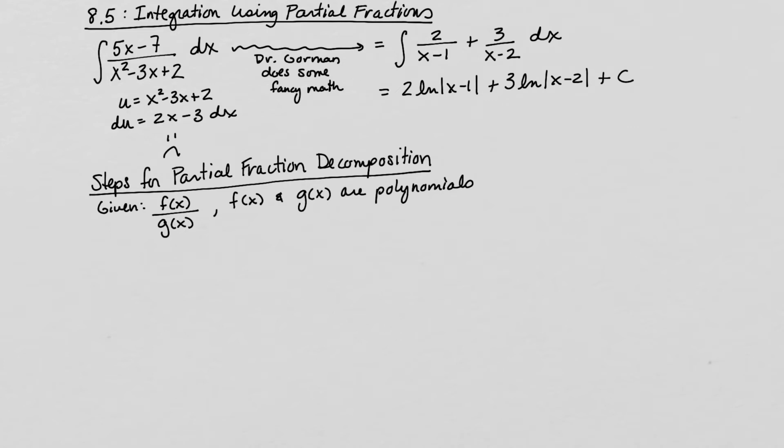At the end of this section, I'm going to show you a problem that uses the technique of partial fraction decomposition, even though f of x and g of x are not polynomials. I'm stretching the truth a tiny little bit by saying they have to be polynomials. They don't actually have to be, but for what I'm about to write down, they have to be polynomials.